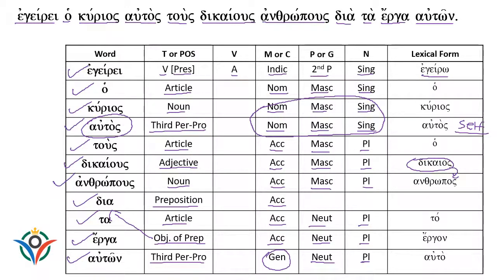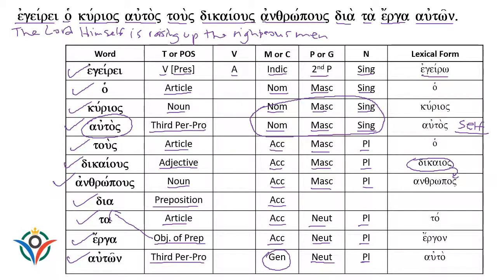So let's translate this together very quickly. So our nominative form there is ho kurios. So it's the Lord. Autos, himself. Egeirei is raising up. Tous dikaious anthrōpous, the righteous men.